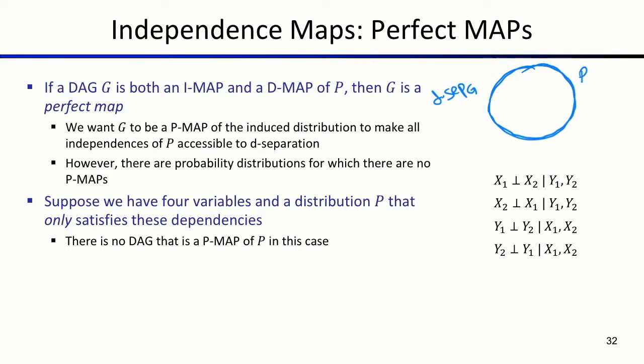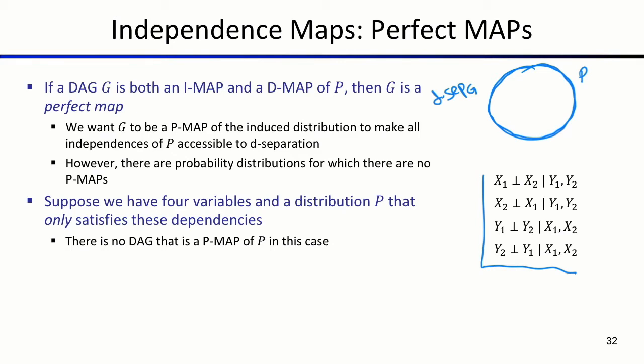So we like to have perfect maps whenever it's possible, but we need to understand that for some independence assumptions, we cannot represent all those independence assumptions in a Bayesian network. So one example is these independence assumptions. If you want to represent all of them and no more independence assumptions in a graph, we see that we cannot do that using a DAG.